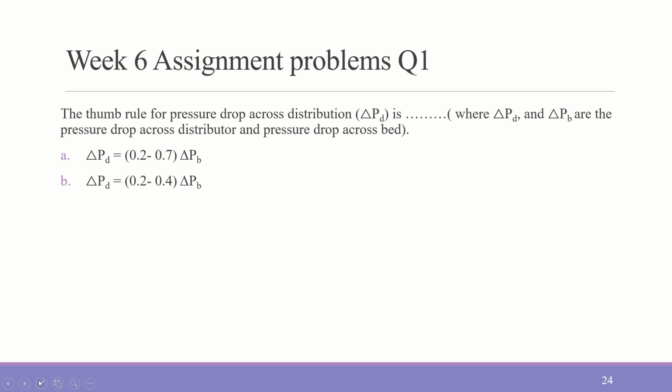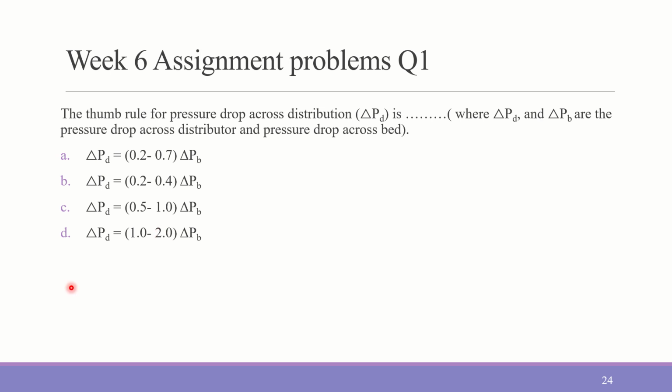Option B, delta PD is equal to 0.2 to 0.4 delta PB. Option C, delta PD is equal to 0.5 to 1 delta PB. And option D, delta PD is equal to 1 to 2 times delta PB.